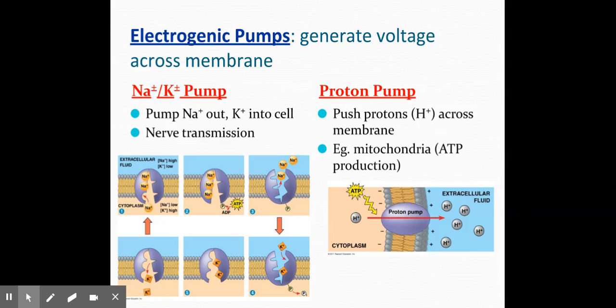For our proton pump, we'll talk about it more in depth when we get to cell respiration and photosynthesis, but it's going to aid us in the ATP production process. Notice how we have a lot of those hydrogens on one side and a little amount on the other side. Maybe you can see where we're going with this: pH.